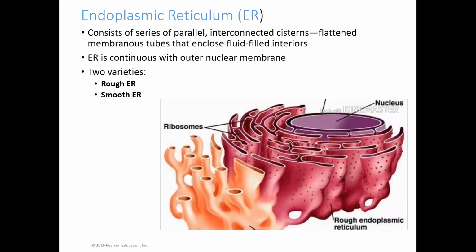Now, the endoplasmic reticulum, where most of our ribosomes are found, is a series of tubes that surround the nucleus. While it only looks like it's covering one part, it totally surrounds the nucleus all the way around, like a ball. So it completely covers the nucleus.